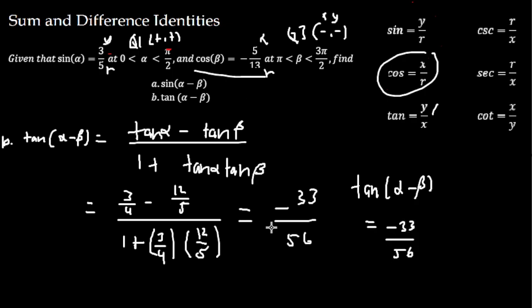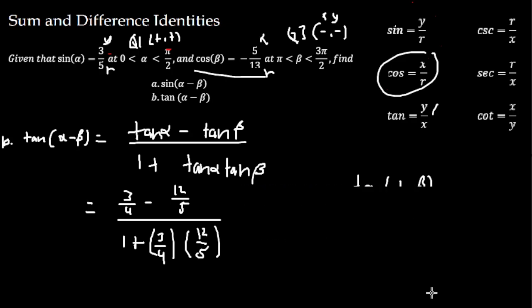Now, let us do it the manual way naman, since we did it manually earlier. The numerator is 3 over 4 minus 12 over 5. Since the denominators are different, we need to get the LCD, which is 20. 4 times 5 is 20. 20 divided by 4 is 5, times 3 is 15.